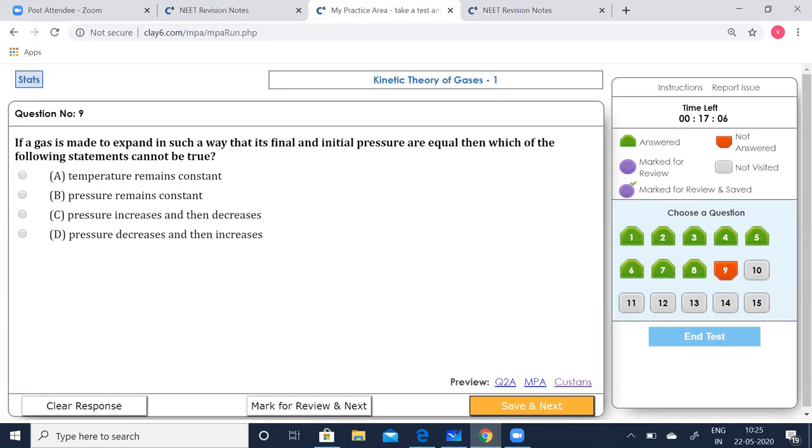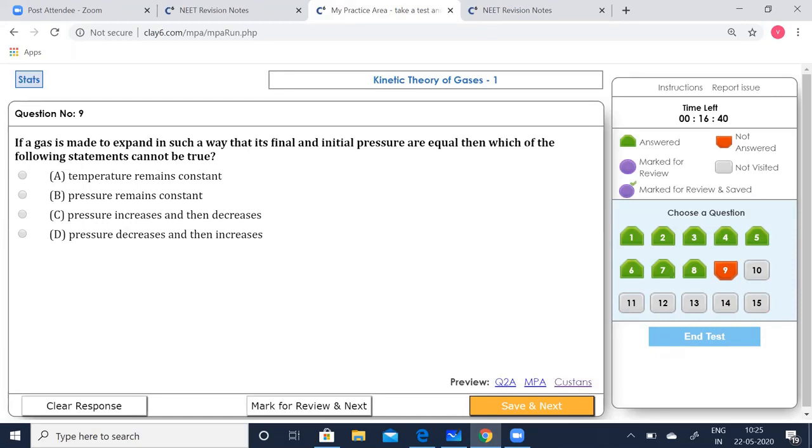If a gas is made to expand in such a way that its final and initial temperatures are equal, then which of the following statements cannot be true? Temperature remains constant, pressure remains constant, pressure increases and then decreases, pressure decreases and then increases. All right, so now according to Boyle's law, PV is a constant at any constant temperature.